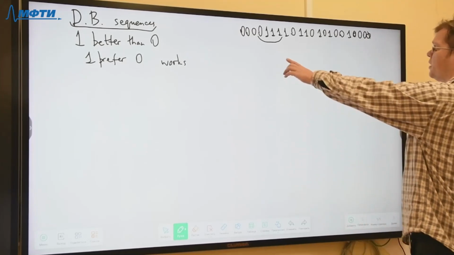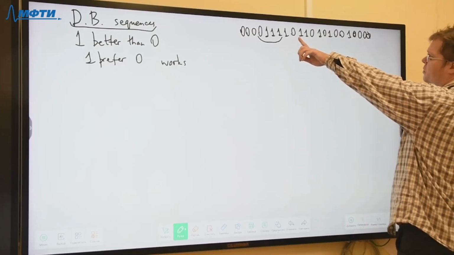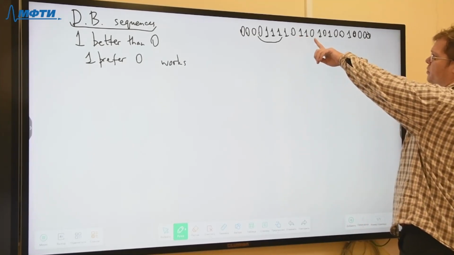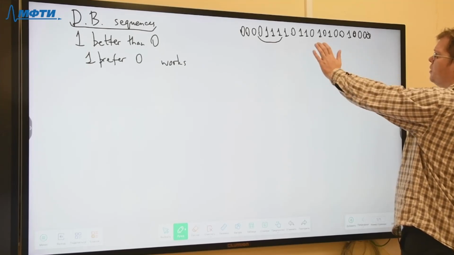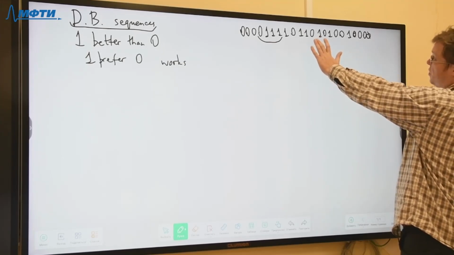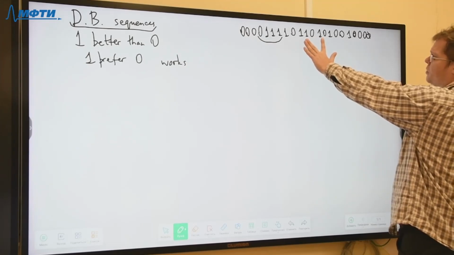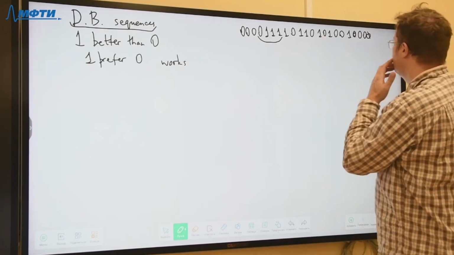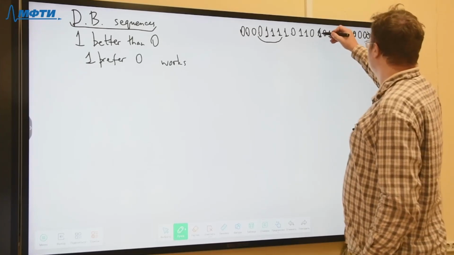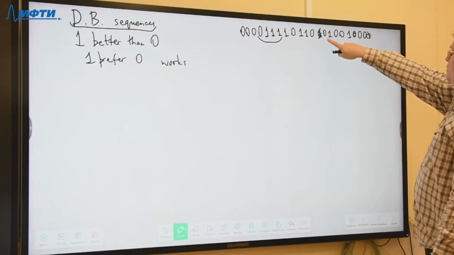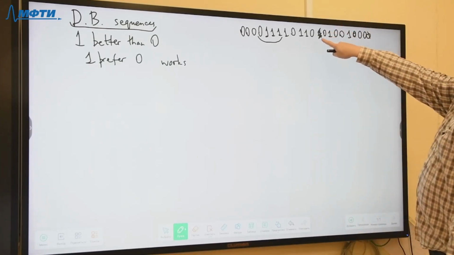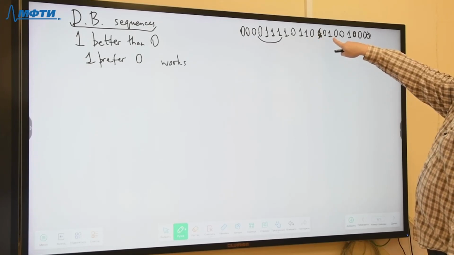Something like this, or maybe, so let me check again. So we wrote here 0, then we have 1 and 1, and the third one we can't write. Then we have 0, then we can have 1 because we don't have 1, 1, 0. Oh, okay, we already have 0, 0, 1, 1, so we can use this one. So we wrote 0, then 1 because we don't have 1, 0, 1, 1.